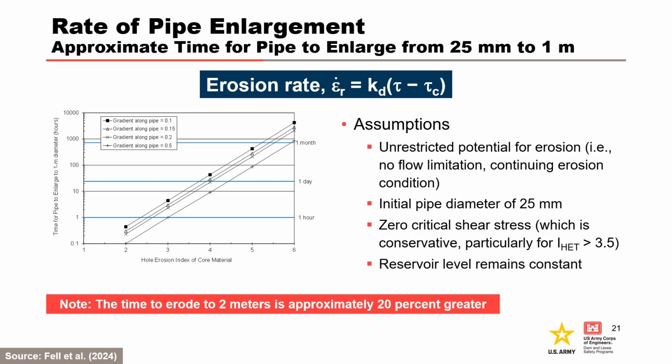Erosion resistance increases from left to right. The approximate time to erode to 2 meters is about 20% greater. Even in the most resistant of soils, enlargement occurs in only 100 to 500 hours, or 4 days to 3 weeks.